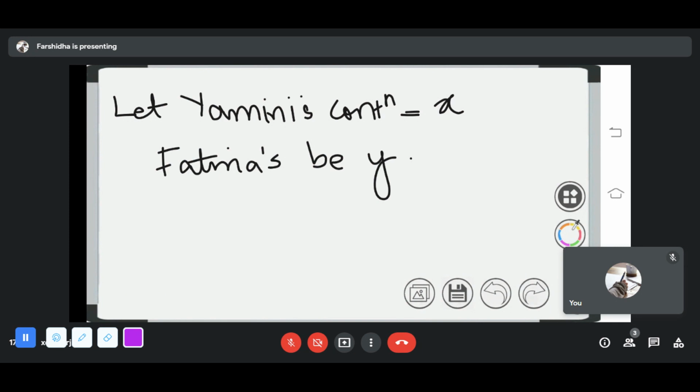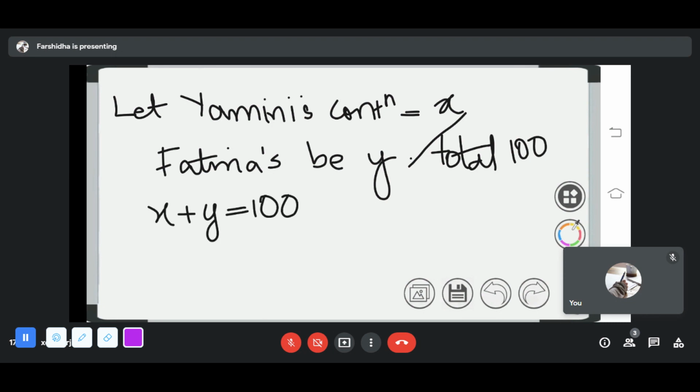It is given in the question they have together contributed rupees 100. That means together the total money is 100 rupees. You can write x plus y is equal to 100. That's all. This is your equation, x plus y is equal to 100. Such an easy question. Now you can plot it in the graph.